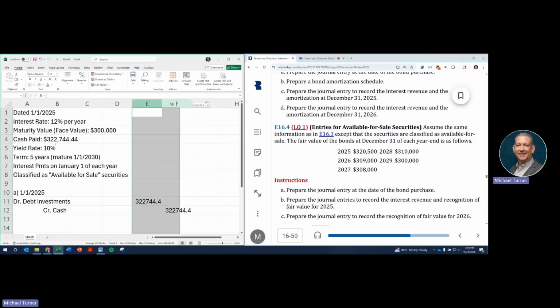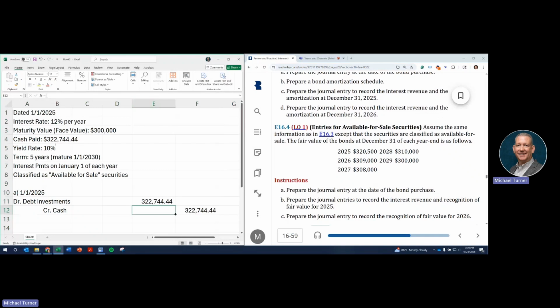Let me stretch these columns out a little bit, give us some room, and I'll convert these to numbers. So we debit debt investments for $322,744.44, and we'll also credit cash for the same amount. Now we have the asset on the books.